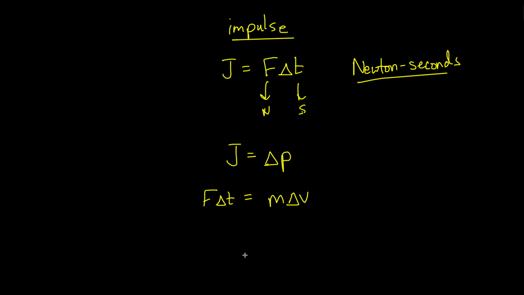Now, the reason why impulse is important and useful is that in the real world, forces are often not constant. Forces due to things like people and engines tend to build up from zero over time, and they may vary depending on many factors.